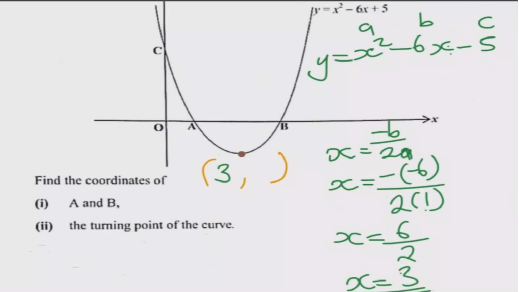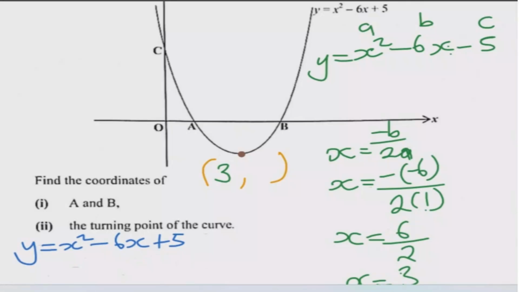Now the next thing we're going to do is find the value of y. To find the value of y, we're going to use the same equation that is given to us. I'm going to copy it, which is y is equal to x squared minus 6x plus 5. Now let's solve.